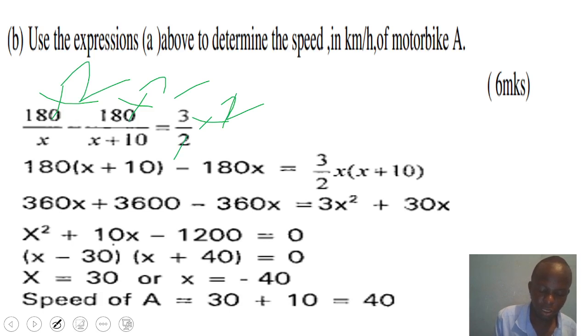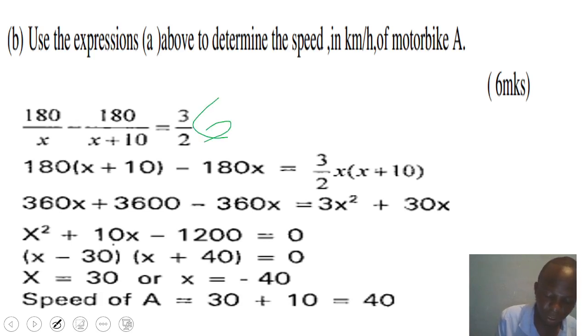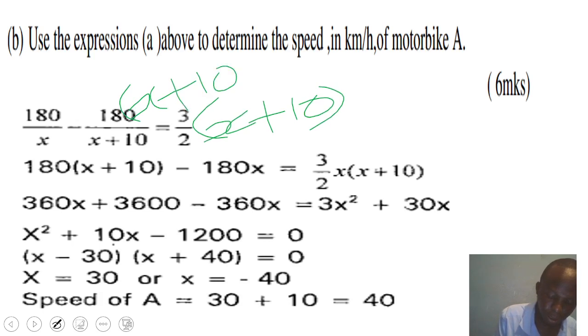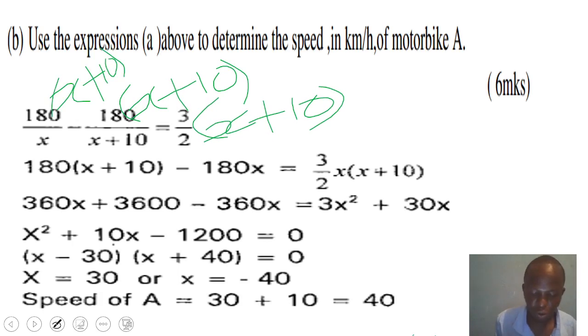After multiplying by 2 and cancelling the 2's, the next thing you're going to do is multiply by x plus 10 on both sides, like it has been done here. And also multiply by x again.